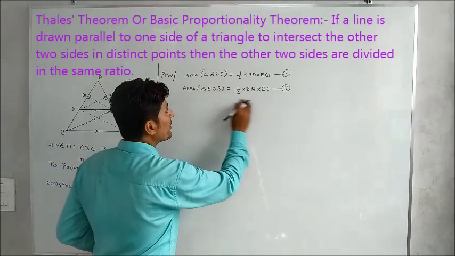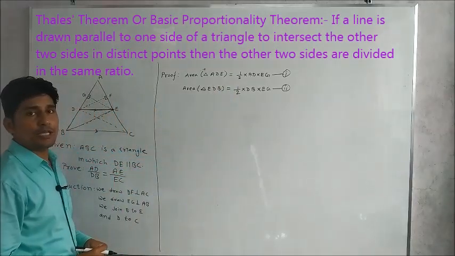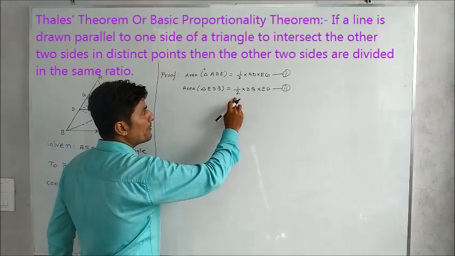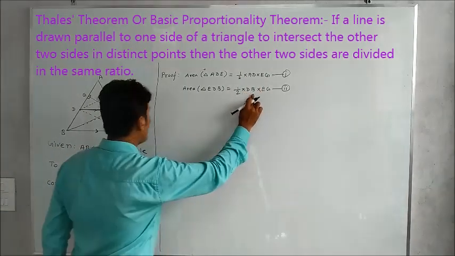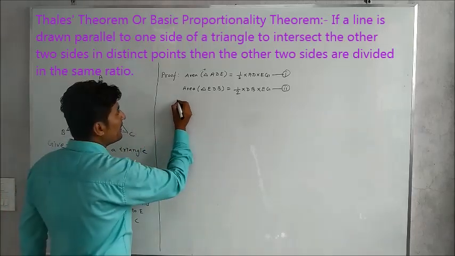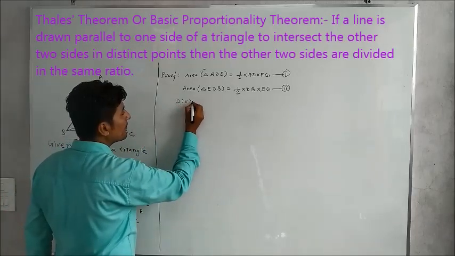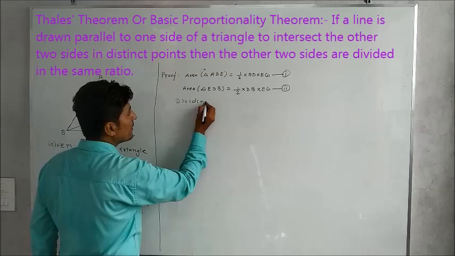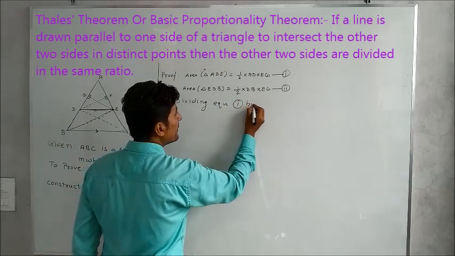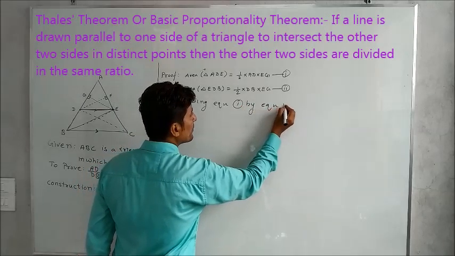After getting equation 1 and 2, we have to divide both the equations. Why do we divide both the equations? Because 1 upon 2 will be cancelled, EG cancels, leaving AD upon DG, so the first part we can get. So we are dividing equation 1 by equation 2.